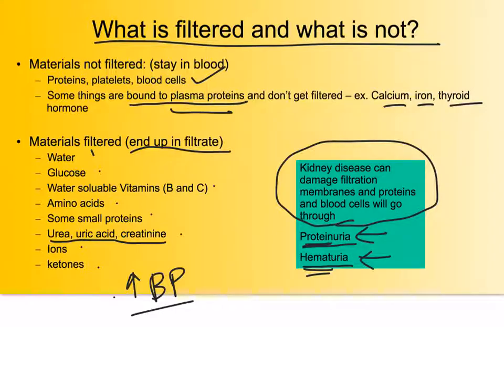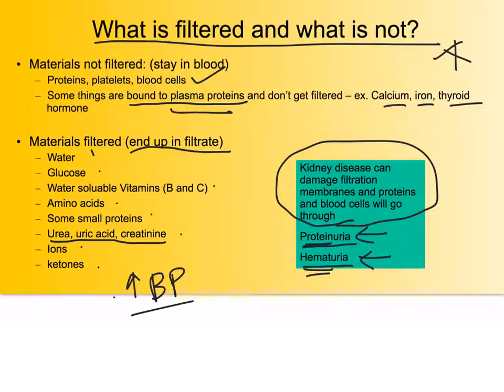You'll do those tests in the lab. We have a urine lab, and you just stick a dipstick in. These things are going to suggest different disorders. You should know this.